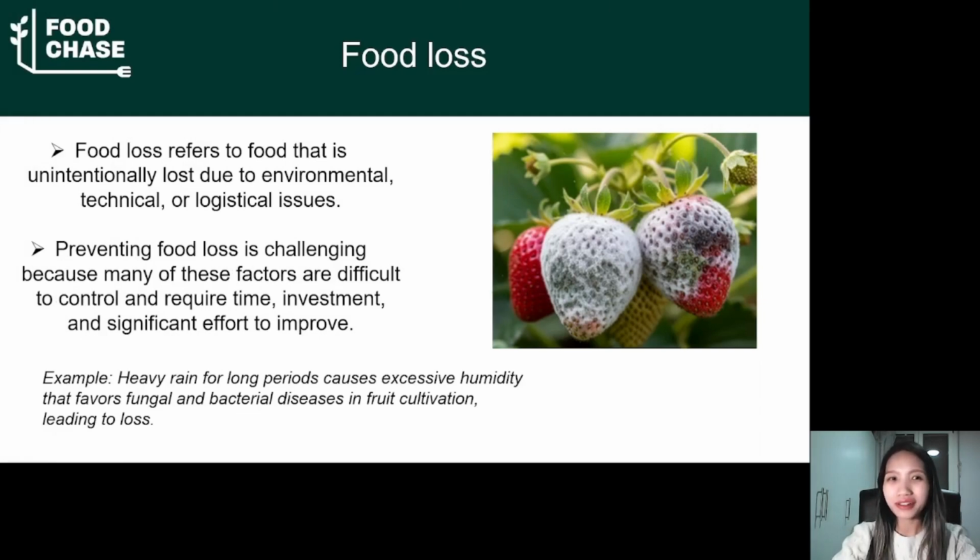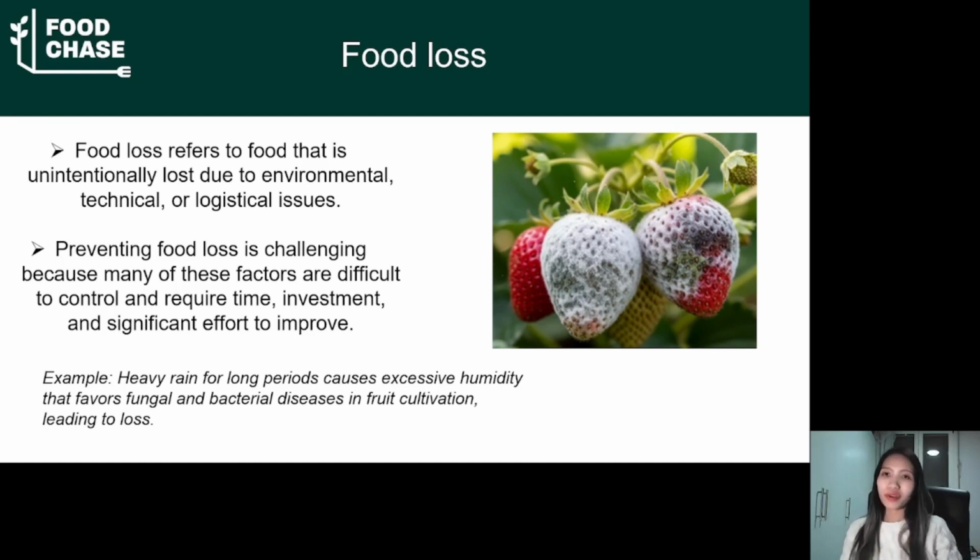Firstly, food loss refers to the food that is unintentionally lost due to environmental, technical, or logistical issues. Some of these factors, for example, the environmental factor, are not preventable, while the other factors, like technical or logistical factors, require time, investment, and much effort to improve. So it is difficult to prevent food loss.